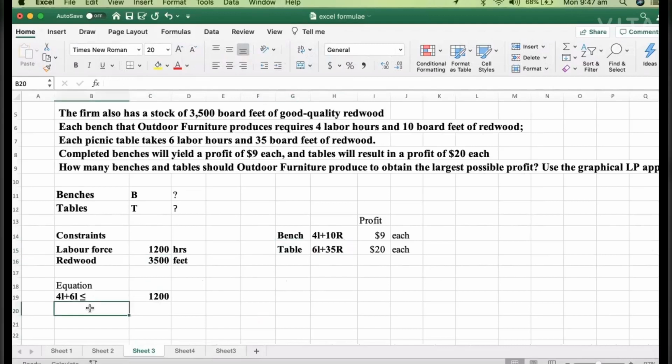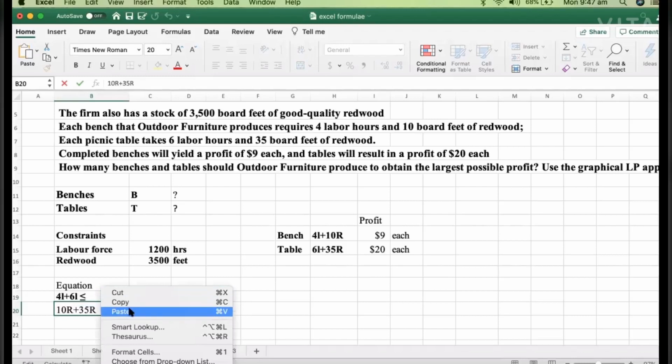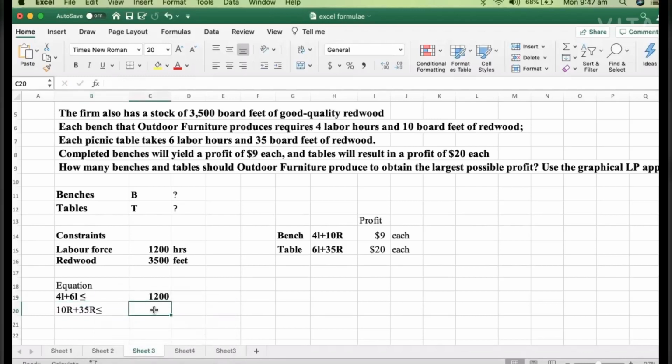So the equation will be 10 redwood plus 35 redwood should not be greater than, I can take it from here, copy, paste. It should not be greater than 3500. Okay, so here you bifurcate the equation.